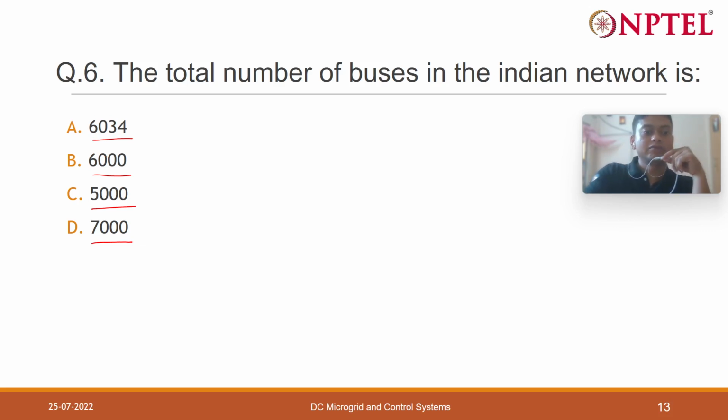So how many total buses are in the Indian power system? Our Indian grid is a one nation, one frequency grid, so that is our interconnected type of system, and you can just write your answer. I just want to see how many of you know this, the total number of buses in the Indian power system.